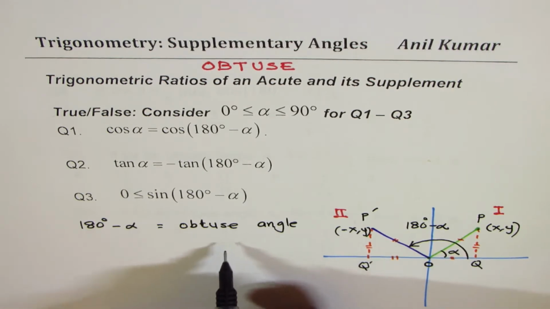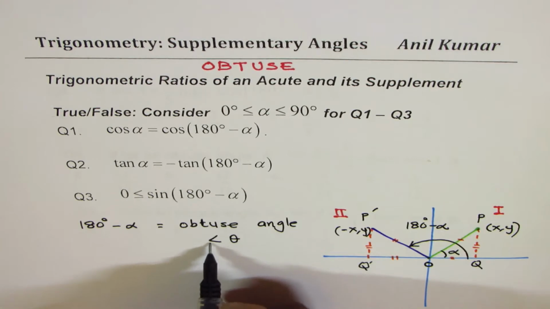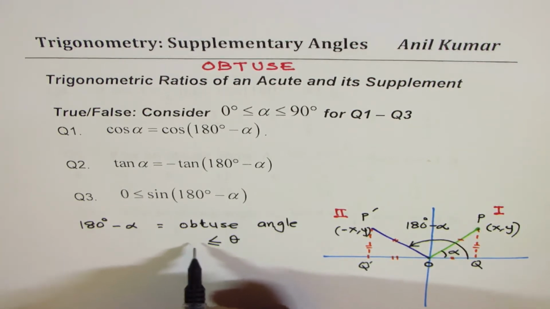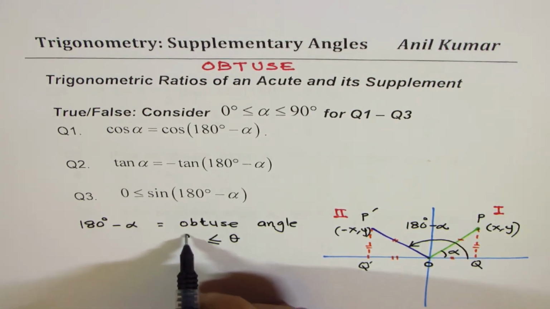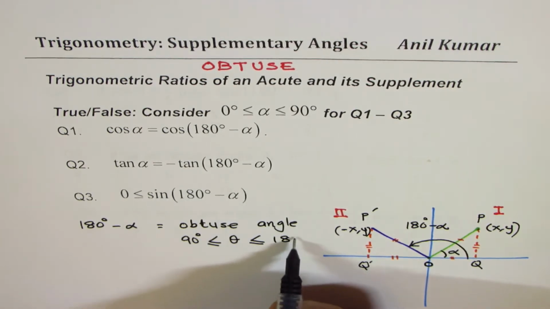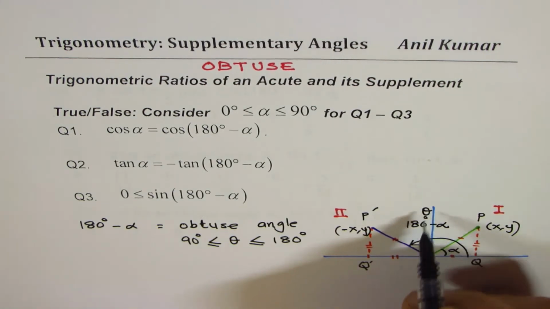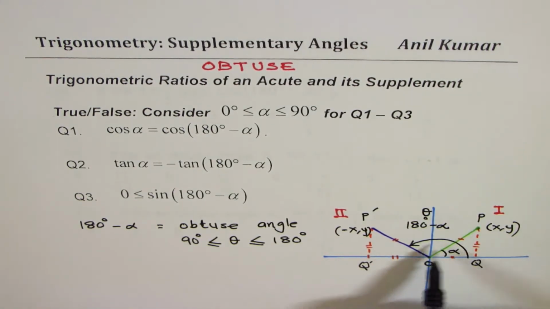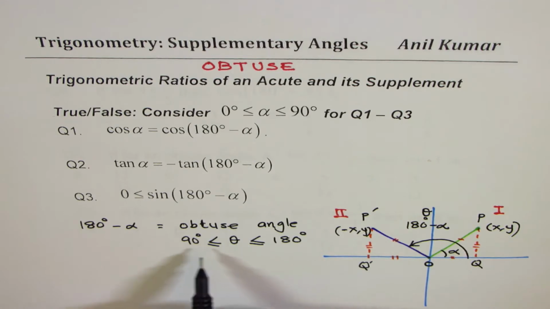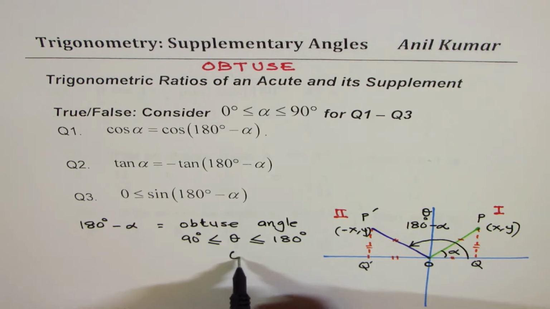That is, the angle theta, let's call this angle theta, will now be between 90 degrees to 180 degrees, correct? So theta will be greater than 90 degrees and less than 180 degrees. We can say that it is in quadrant 2.